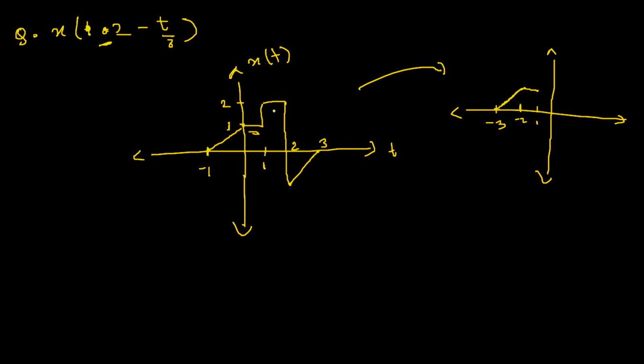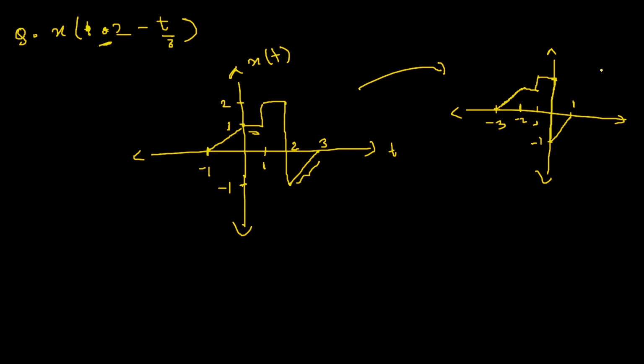and stays constant for another unit. So from -1 to 0, again I have a constant graph. Then it goes down all the way to -1, and there is a downward slope for 1 unit. So at 0 it goes to -1, and for 1 unit there is a downward slope.